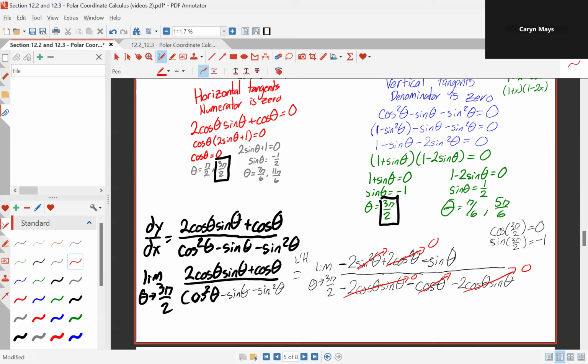Sine squared would just be 1, and negative sine theta, sine being negative 1, negative of a negative 1 makes that plus 1. Making the numerator negative 2 times 1 plus 1. Negative 2 plus 1 is negative 1. The numerator is negative 1. The denominator is 0.